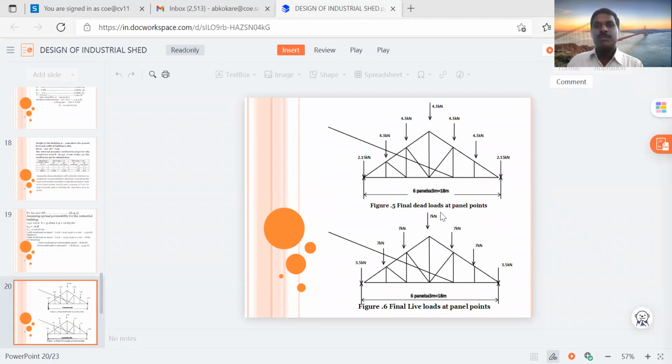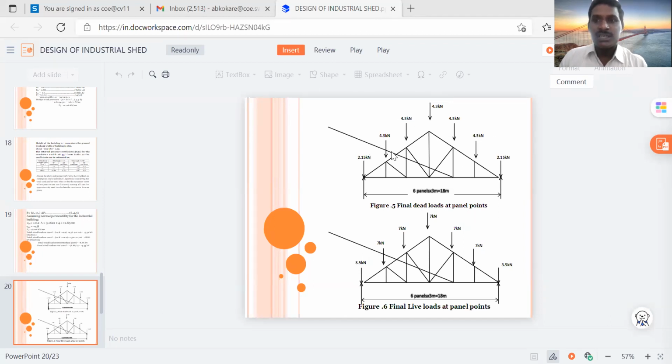Now if you see the pictures, we have calculated the dead load on the panel point, wind load on the panel point, and live load on the panel point. The first picture indicates the final dead load on the panel points.